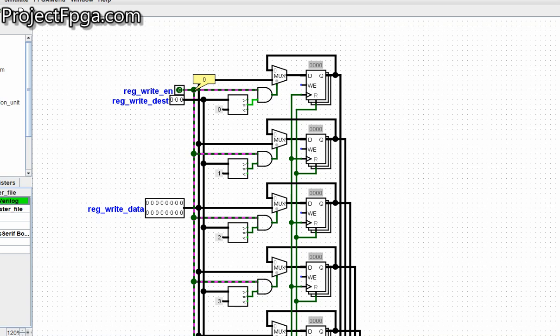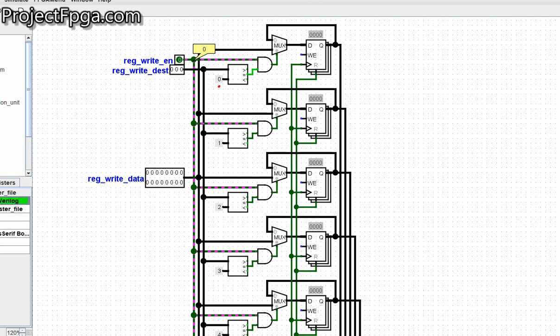So this one is more like the register selection. It is used to select which register. Each of the registers has a particular number. Here is register 0, register 1, register 2, register 3, down to wherever the number ends. Whenever you give a particular register destination, this comparator compares it.